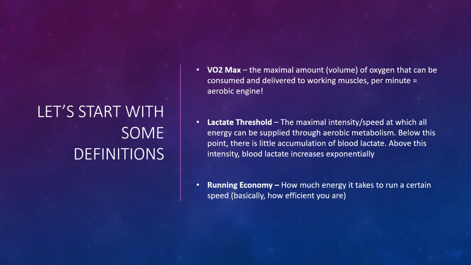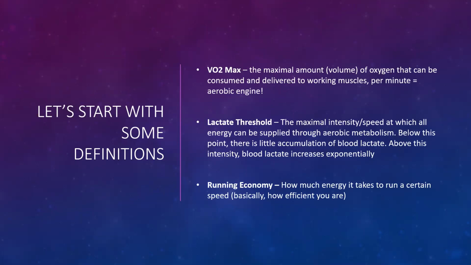And so you don't have a lot of lactate or lactic acid accumulating in your blood. But above lactate threshold, blood lactate begins to accumulate exponentially. And this is important because having a really high lactate in your blood is one of the reasons why you have to stop exercising, as in that's your max pace. So it's a big determinant of exercise performance.